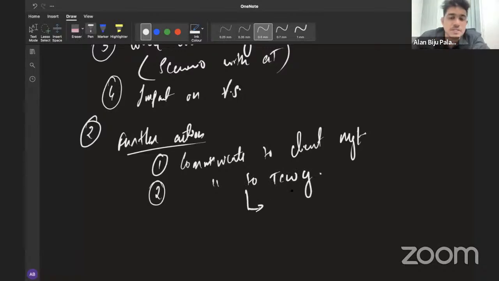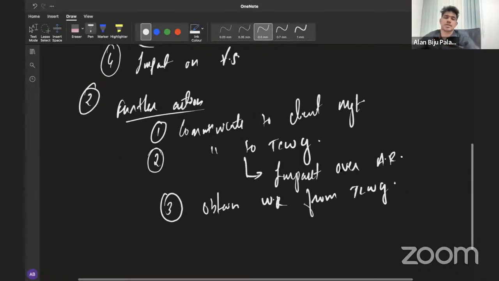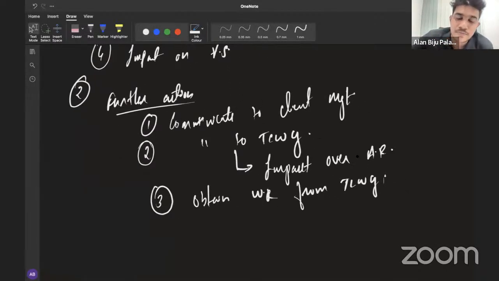However, if those charged with governance are also not willing to correct the mistake, the auditor should communicate to those charged with governance about the impact that will be created over the auditor's report. In case they are still willing to continue without amending the financial statements, the auditor should obtain written representation from those charged with governance to confirm that they are willing to continue without amending the financial statements.